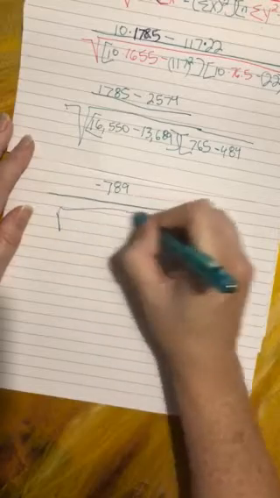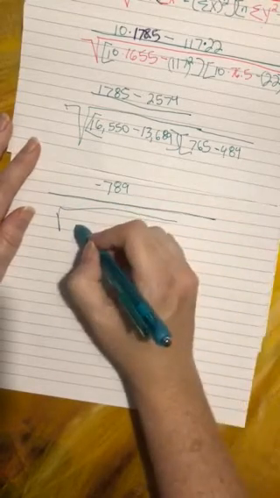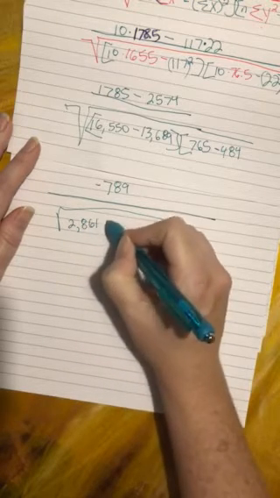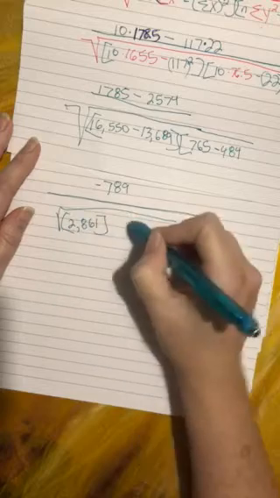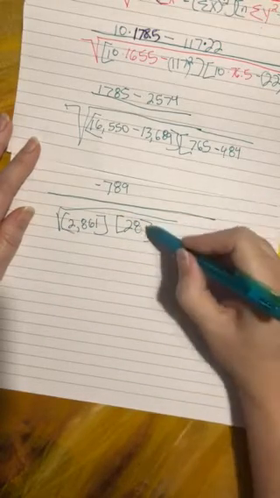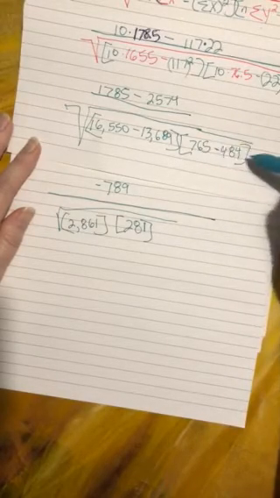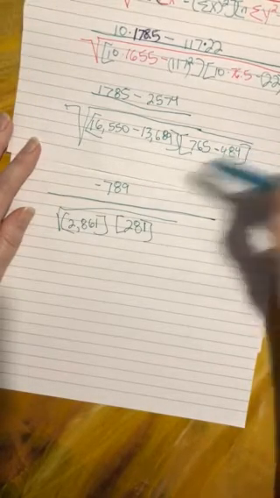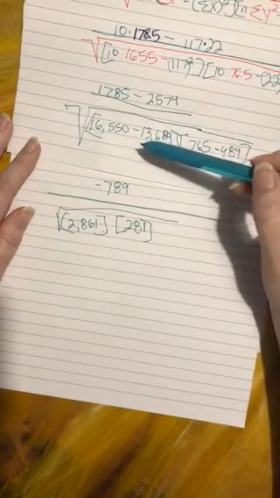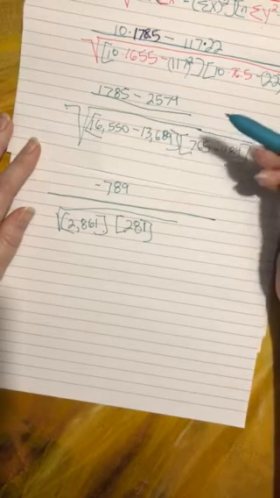Divide by the square root of 2,861 times 281. So hopefully you see where I got that there. So 281 is 765 minus 484, whereas 2,861 is 16,550 minus 13,689.